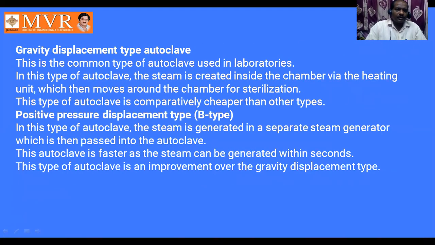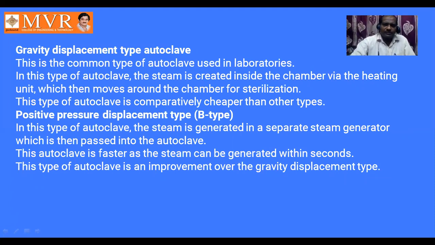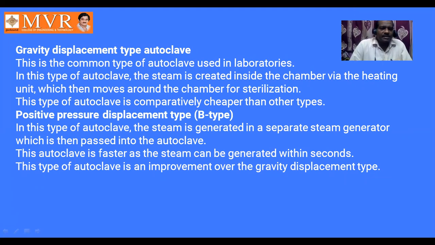If you observe the gravity displacement type autoclave, what happens here? This is a common type of autoclave used in the laboratories. In this type of autoclave, the steam is created inside the chamber via the heating unit, which then moves around the chamber for sterilization.